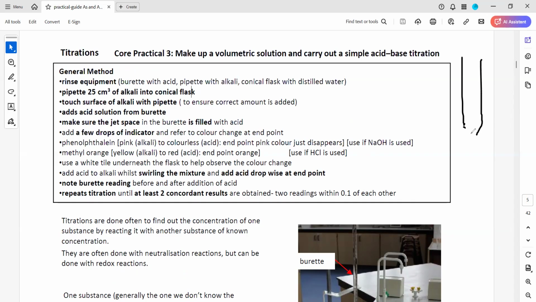Because if you fill up the burette and there's an air bubble or air is trapped, when you open the tap, the air is removed and then the acid comes out. So the total volume appears to be higher than what is actually used in the experiment.